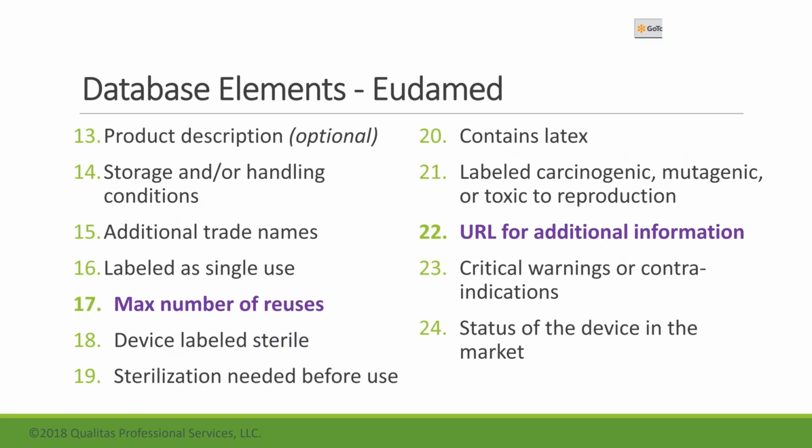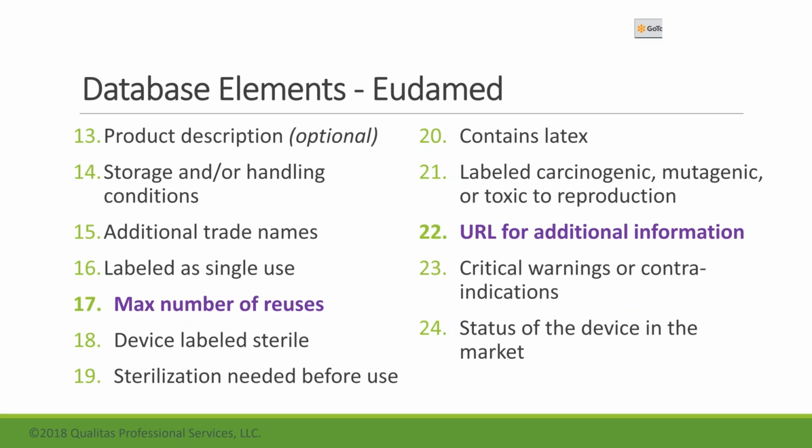In the Eudamed, again, maximum number of reuses. This is really interesting because how does a manufacturer do that testing and determine what the maximum number of reuses is for a device? And then the Eudamed is also requiring the URL for where to find additional information on a product.